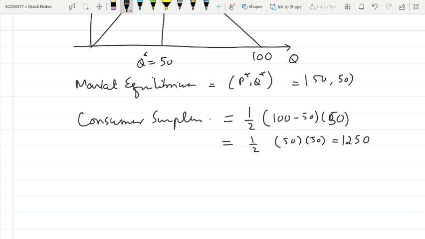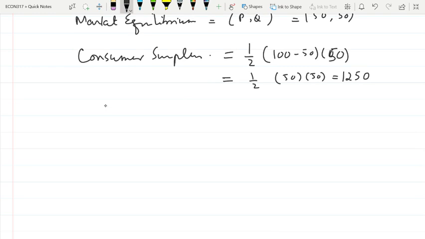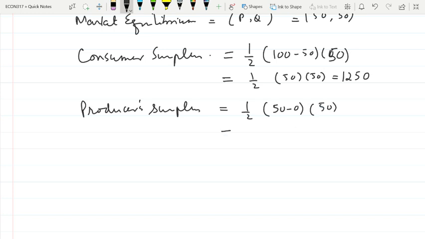Now I could also compute producer surplus. Again, this is the triangle area. This time the height is 50 minus 0, base is 50, so I get 1/2 times 2500. That answer turns out to be 1250.